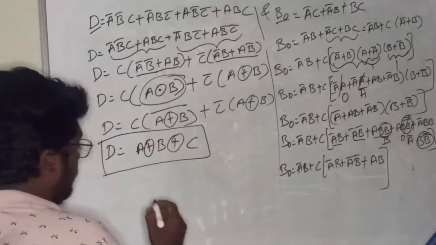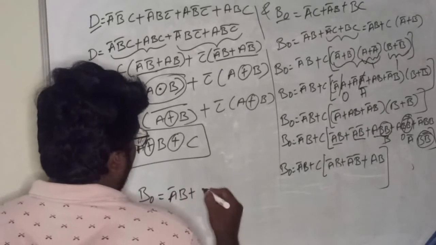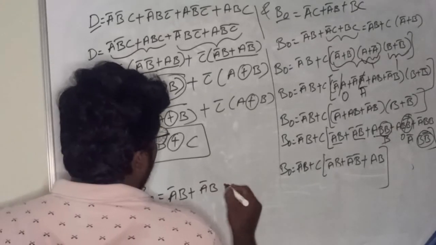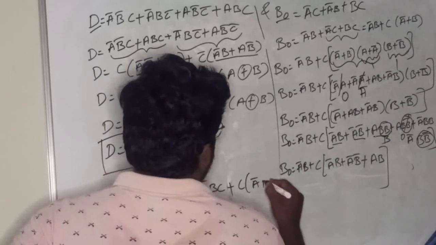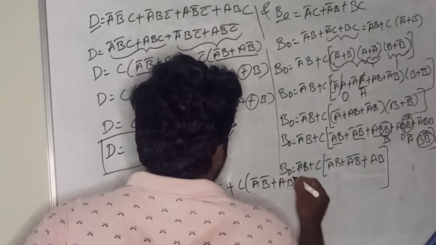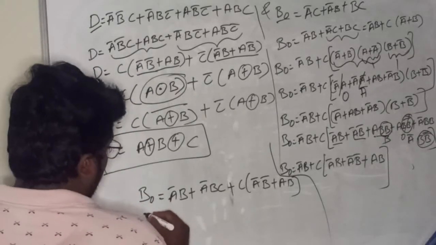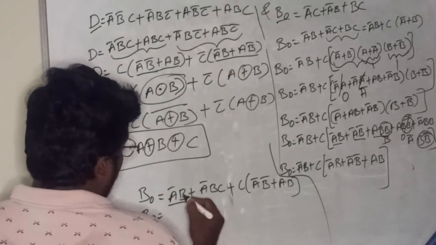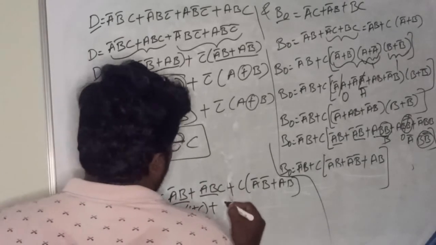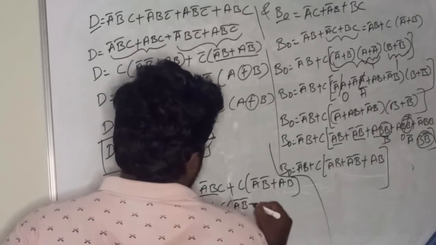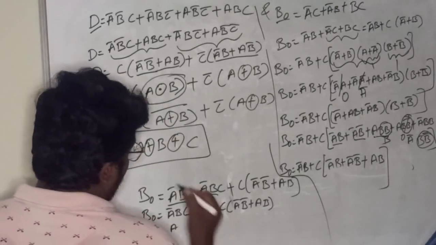So now B naught is equal to A complement B plus A complement B C into, C plus C into (A complement B complement plus AB). So this one is separate, right? So B naught is equal to, here I am taking A complement B as common, A complement B into (1 plus C) plus C into (A XOR B) complement. Now 1 plus C is 1.